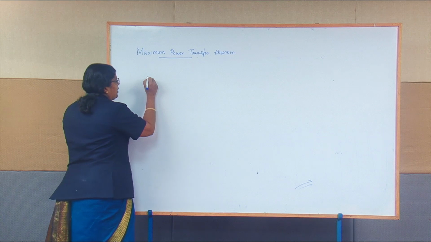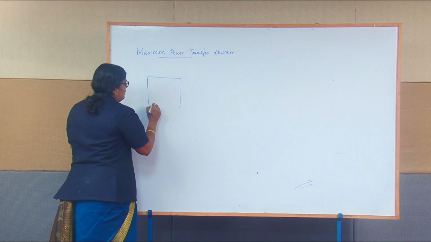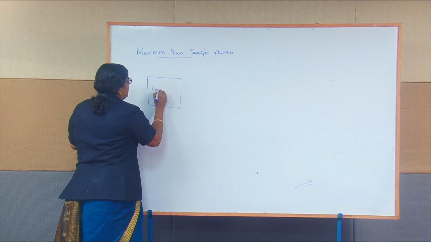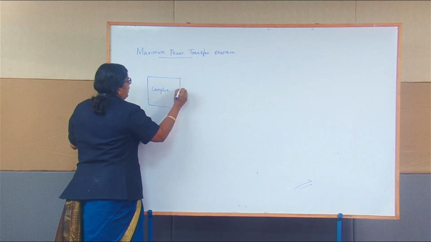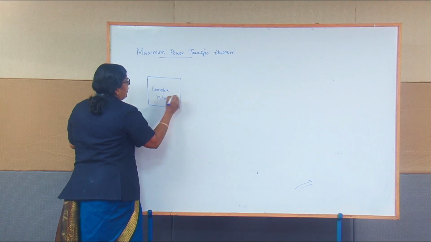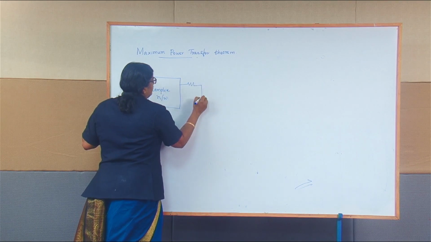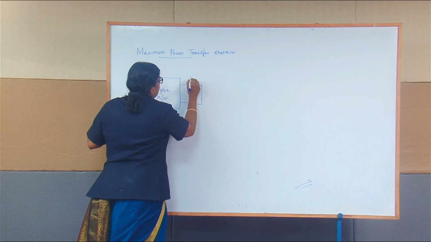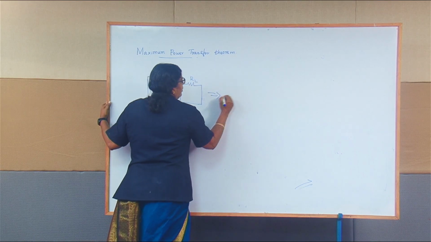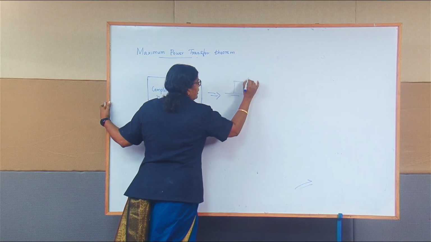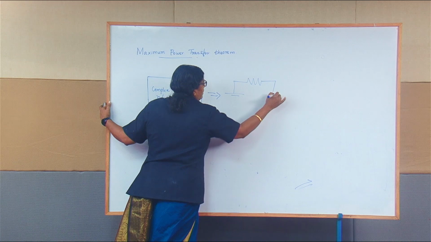So I'll just refresh Thevenin's theorem itself here. Any complex network can be reduced to a simple network which has a voltage source in series with a resistance.